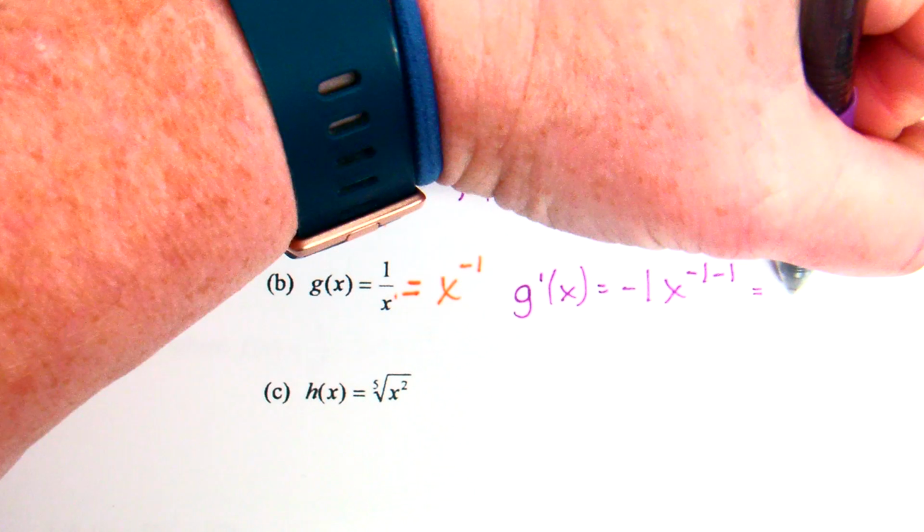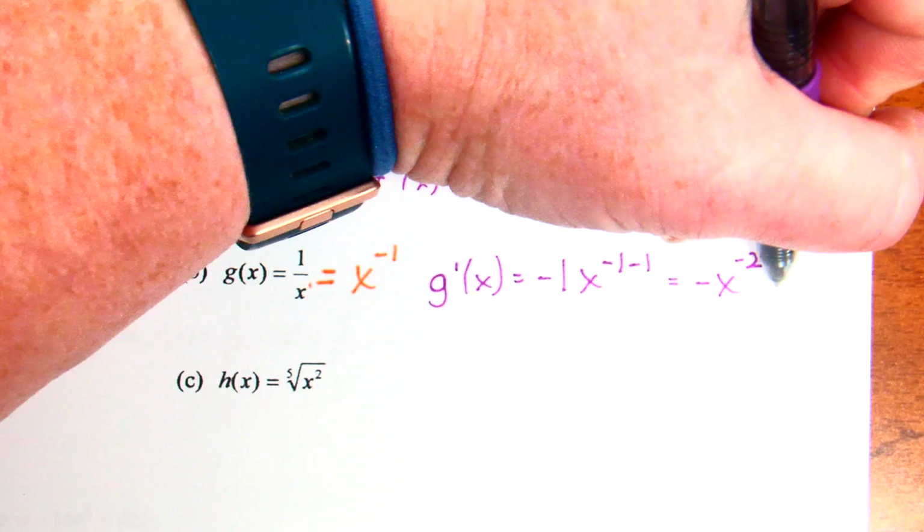What would you write that as if you're not leaving a negative exponent, though? Negative x. No. Yeah. If you have a negative exponent, whatever has a negative exponent moves to the denominator.